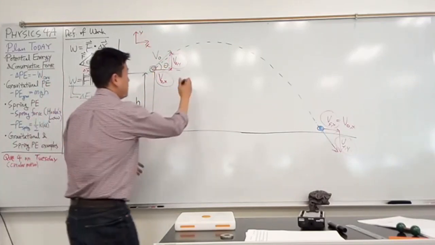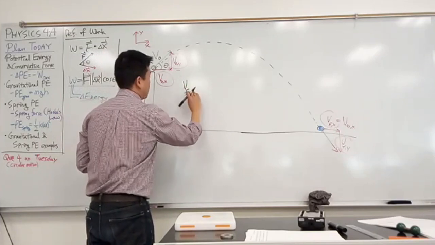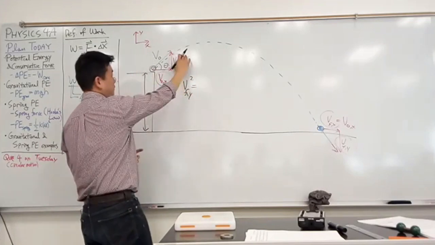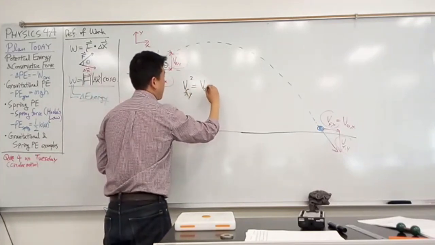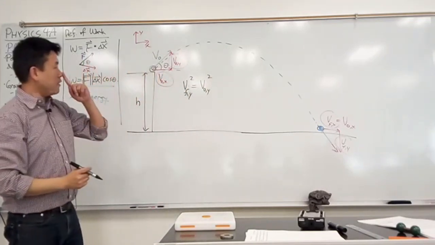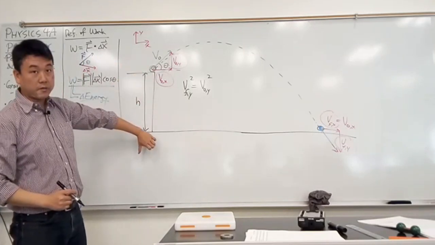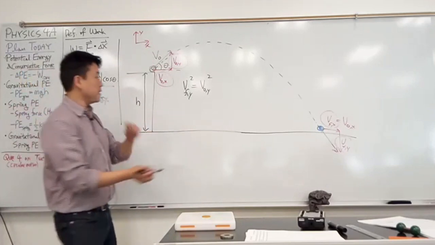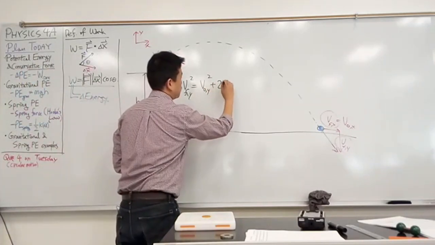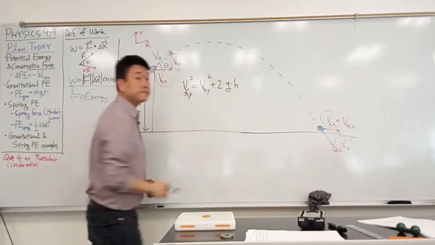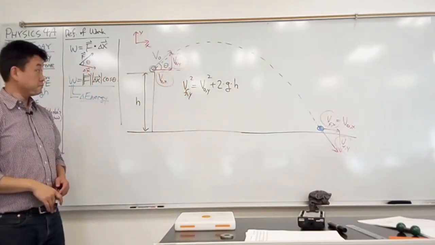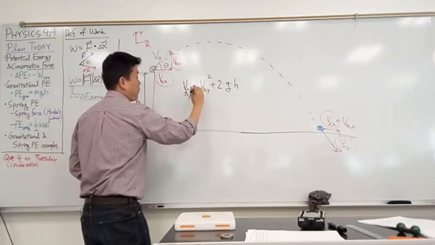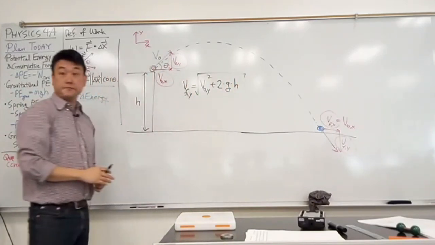V final y squared is equal to V initial y squared. Now I have to be careful. Displacement is downward. Gravitational acceleration is also downward. So it's going to be positive, plus 2 times g times h. Good? All right, so that's my V final. If I want just the component, then it'll be the square root of all of this.